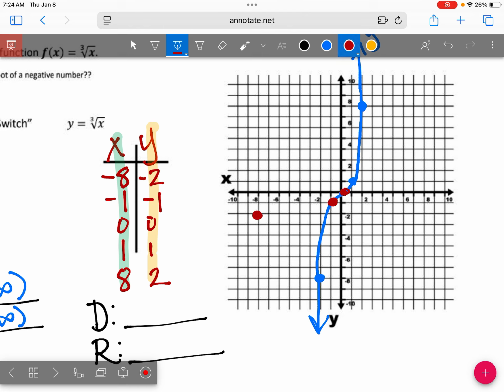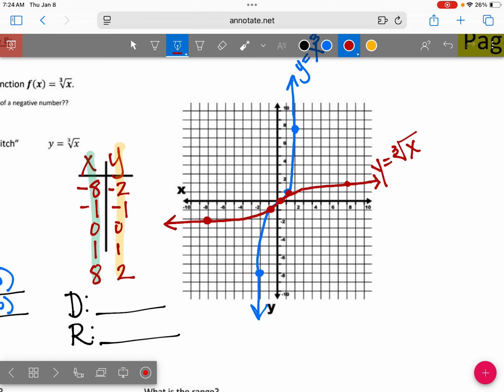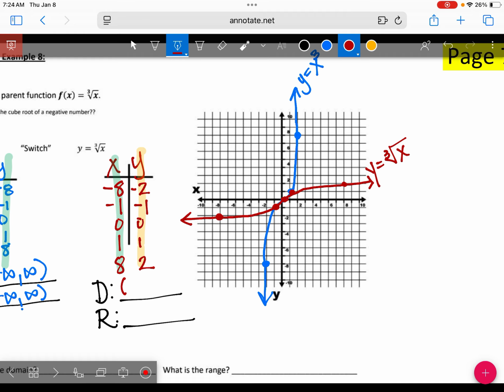So 3 of the points are the same. And that is your inverse. And the inverse also has the same domain and range. So remember, for a square root, we had these rules that we had to look at, which I don't think I wrote on the board first period.